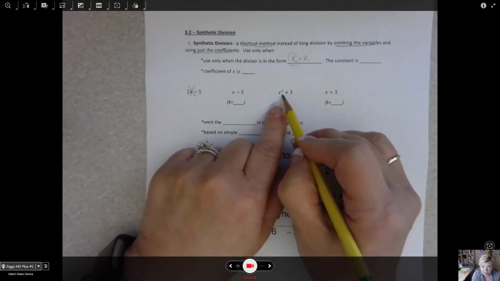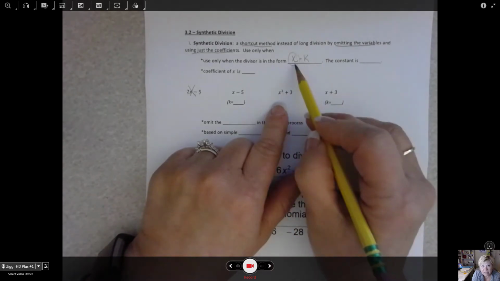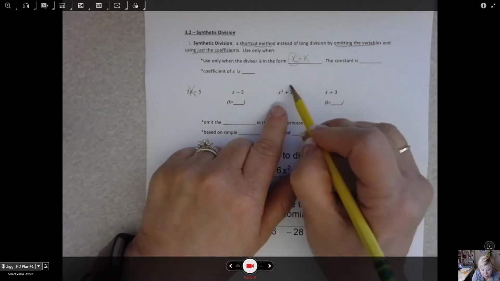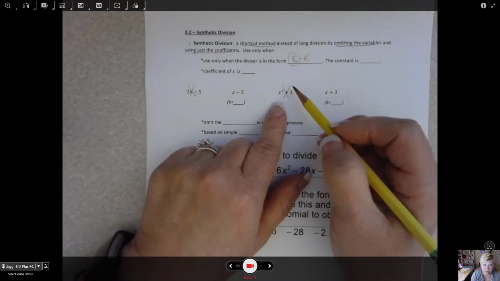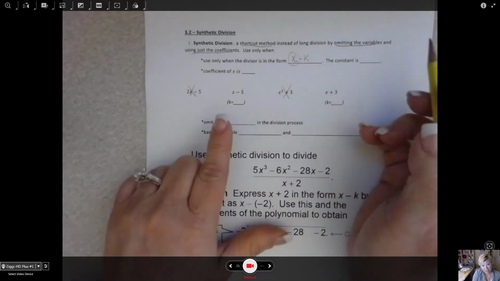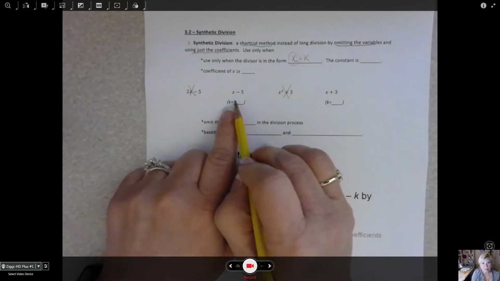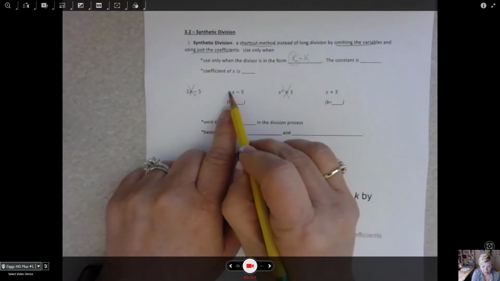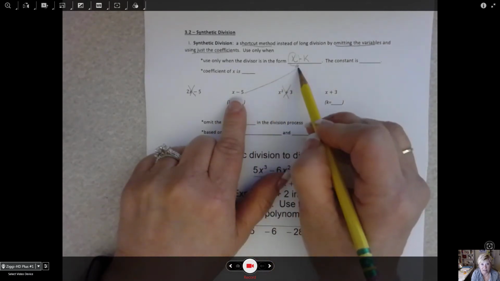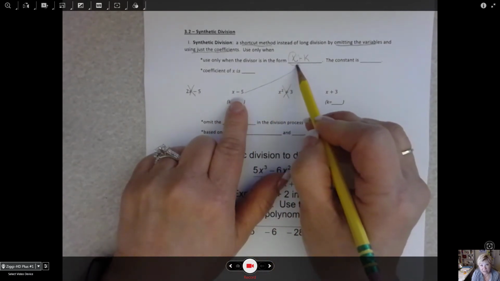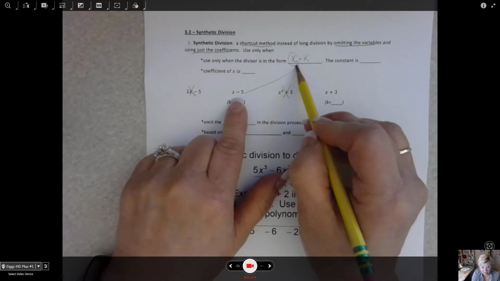Over here, for x squared plus 3, we couldn't use that because the form is x to the first power, not x squared or x cubed or x to the fourth or anything. However, here we can use it because it's 1x to the first power, and actually it looks just like the form, doesn't it? Even down to the minus sign.